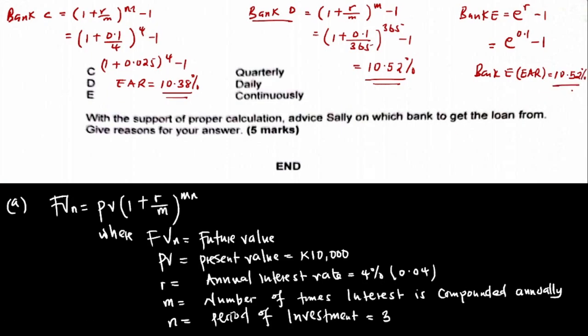So as you can see, the question is saying, with the support of proper calculations, advise Sally on which bank to get the loan from and give a reason for your answer.